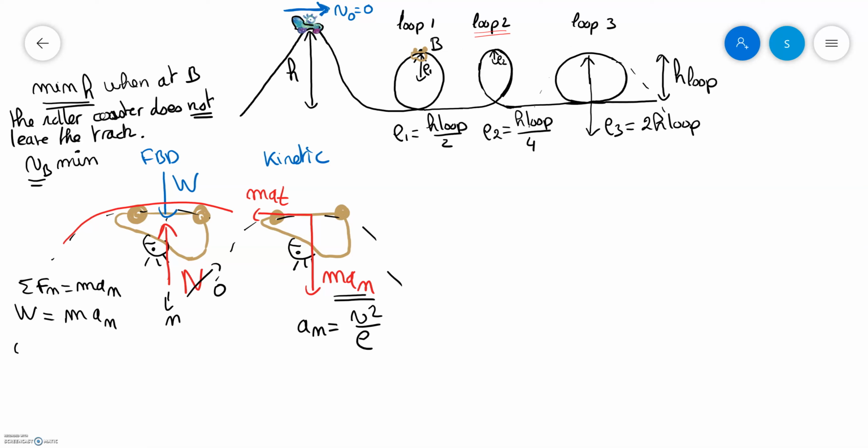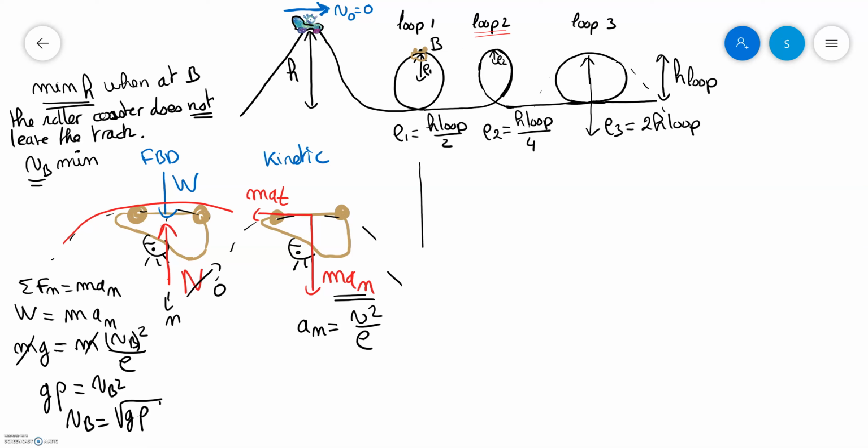So we have mg equal m VB squared divided by rho. I can simplify by m, so I have g times rho equal VB squared. So VB is equal to the square root of g times rho. That's the general formula.